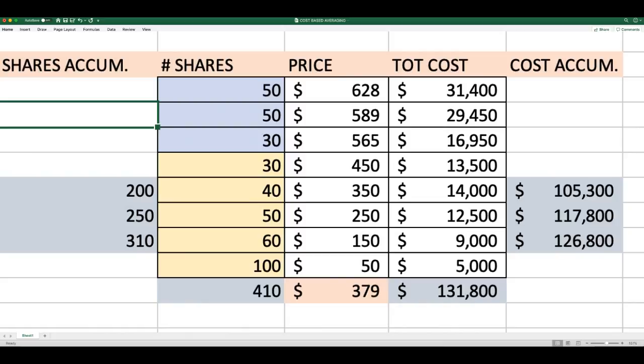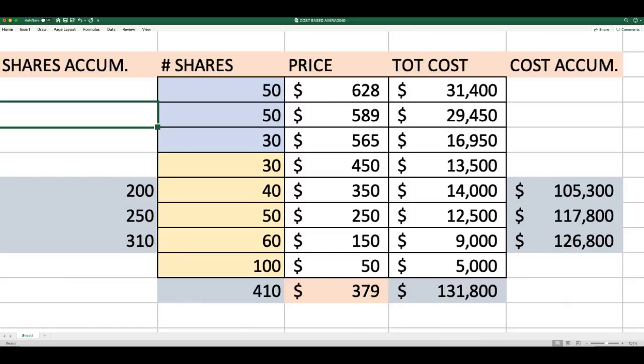So we would have 200 shares total here, and the total accumulated cost would be 105,000. If we had to buy at 250 a share, 50 shares for 12,500, then we'd have 250 shares cost averaging at 117,000, and then 310 shares for 126,000 total if it dropped to 150 a share.